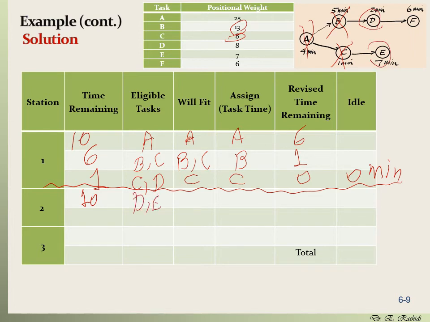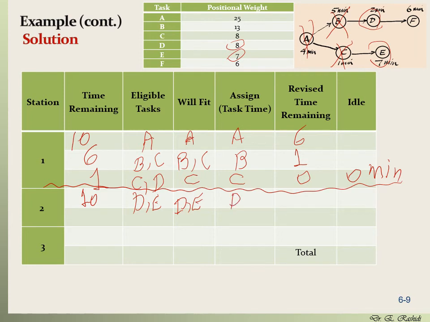D and E. Do they fit? D and E both actually fit. So which one should we assign? Task D has 8 positional weight, and task E is 7. So 8 is greater than 7. That means that we're going to assign task D.